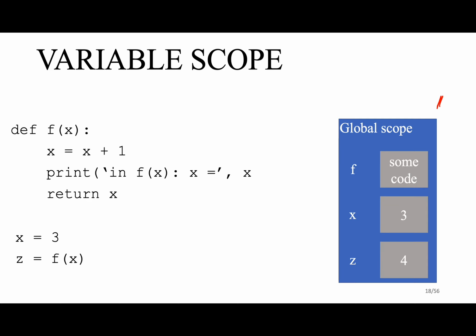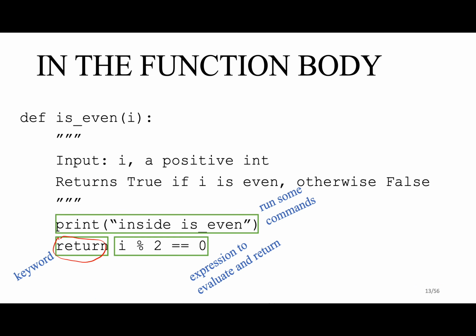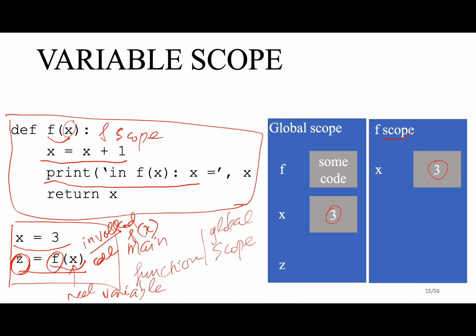One thing you should focus on: at time t0, you only have the global scope. You don't have the f scope yet. When you call function f in this line, it creates the f scope. So that's t1. At first you stay in the global scope, and after you call the function, you actually move to the f scope.